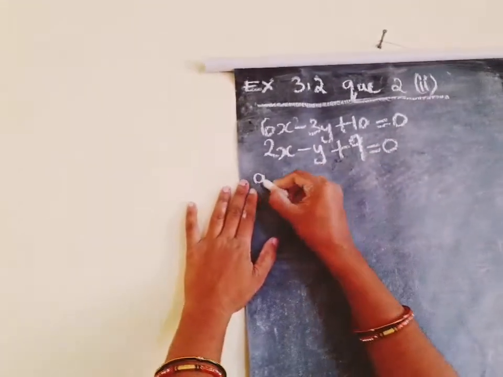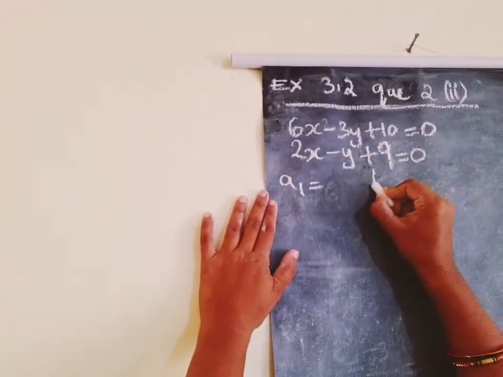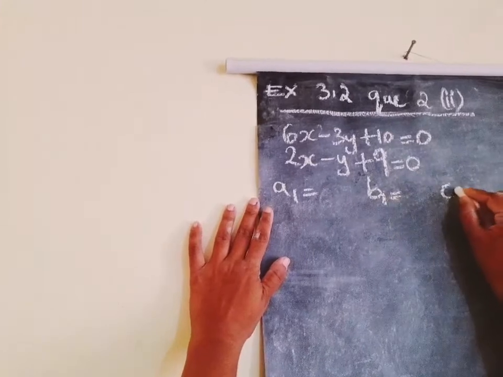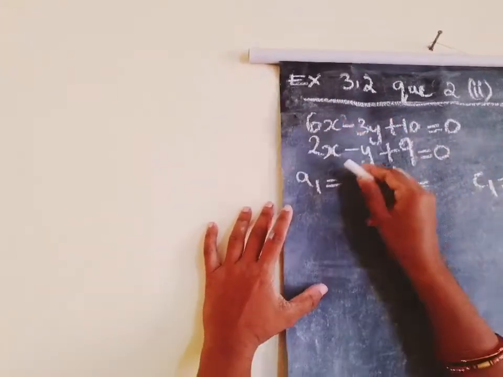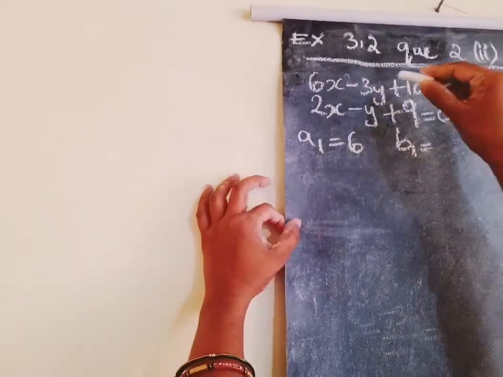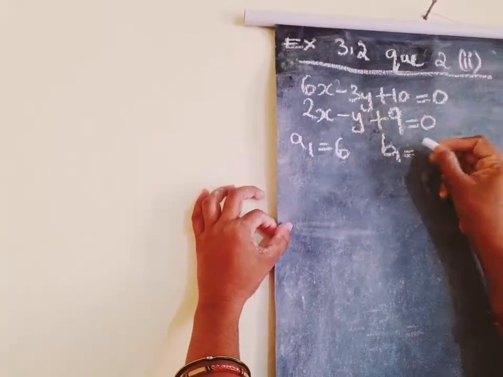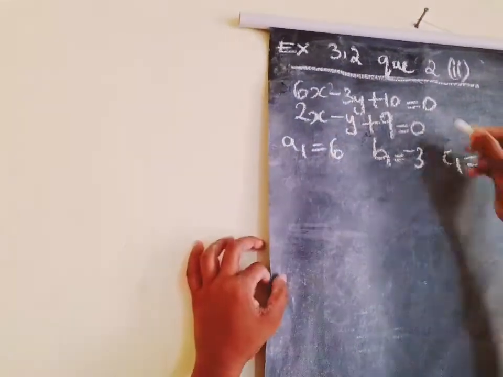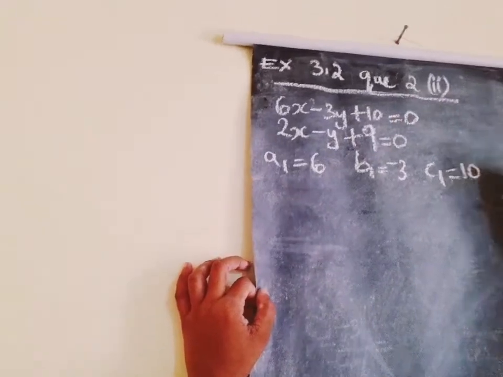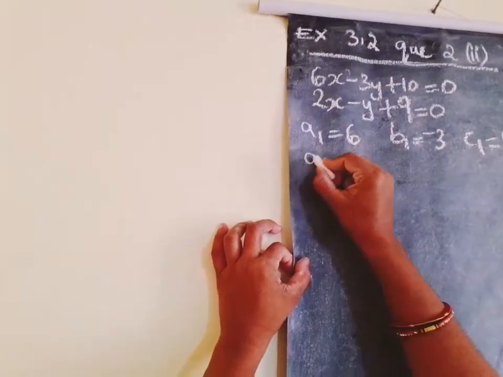So let's write what is a1, what is b1, what is c1. What is a1 here? a1 is 6. Comparing this position, b1 is minus 3, and c1 is 10. Like that we can write a2, b2, c2.